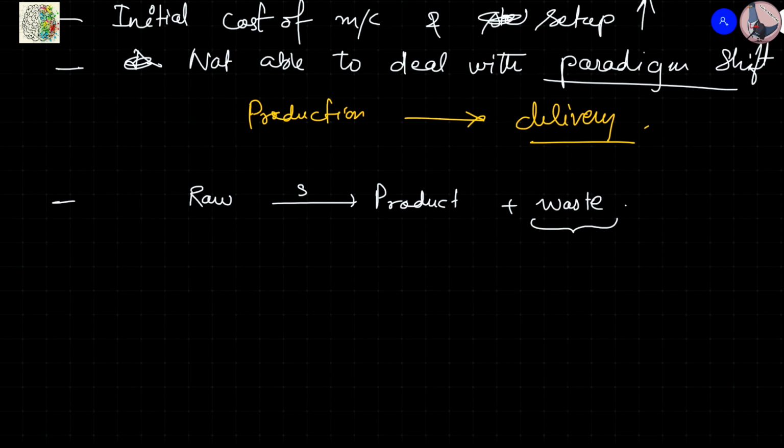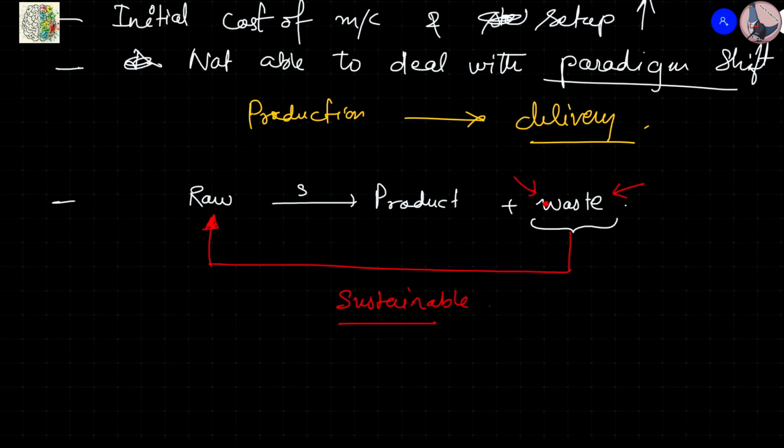I was telling you many times that our ultimate aim is to change this waste back to the raw material stage, so that the entire process is sustainable. If you always keep wasting it, it will not be a good option.